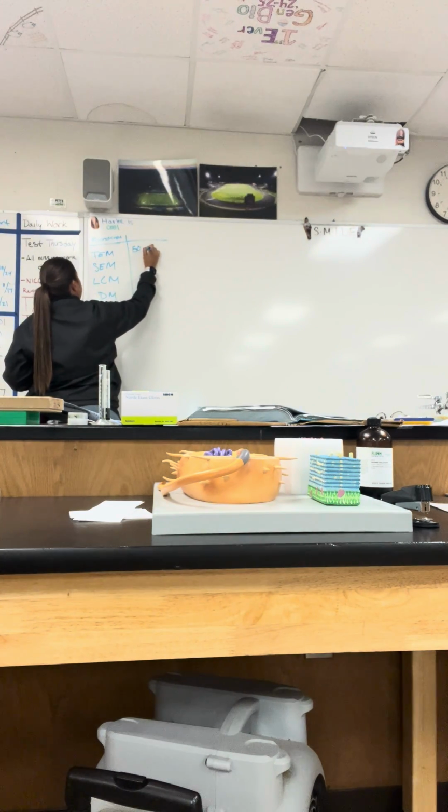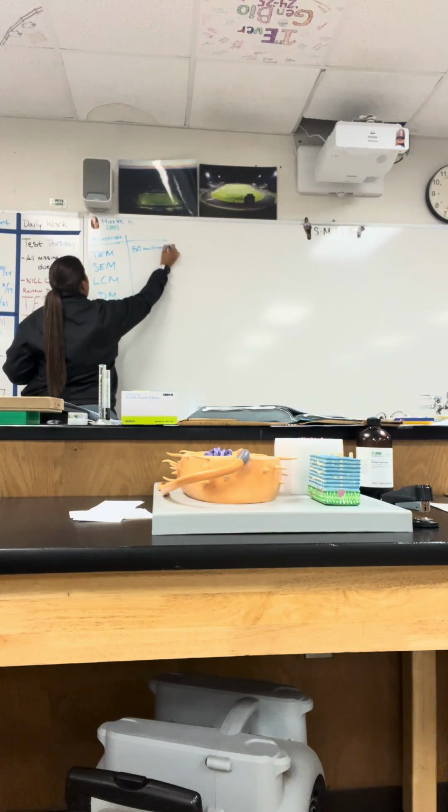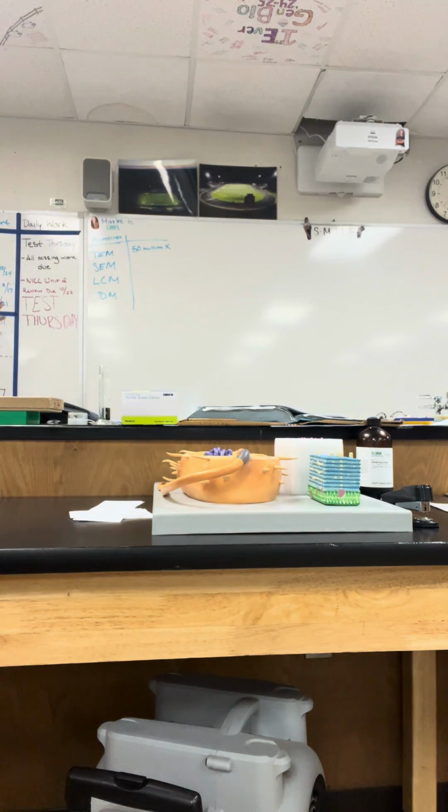It has a 50 million times magnification, okay? That is going to give us the greatest resolution, the greatest clarity, the greatest magnification. So if we are talking about the best microscope on the market, transmission electron microscope, okay?